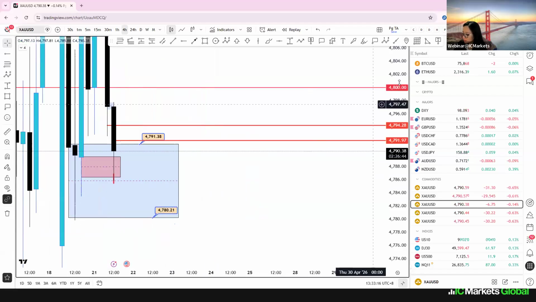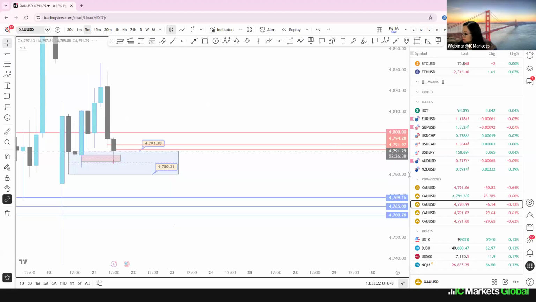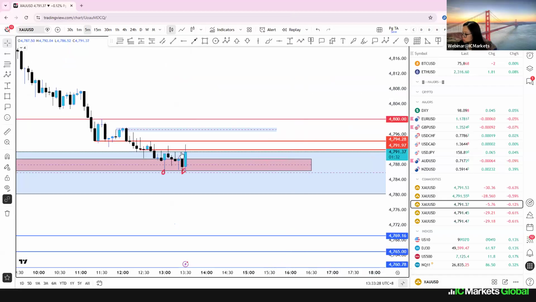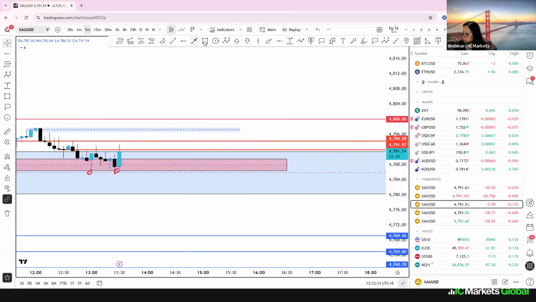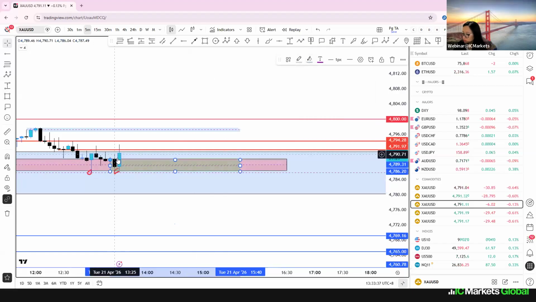H4 OB, so we buy. Right now there's 1.5 minutes for this candle to close. If it closes, it's going to create a bullish order block, right? This is the reversal pattern.